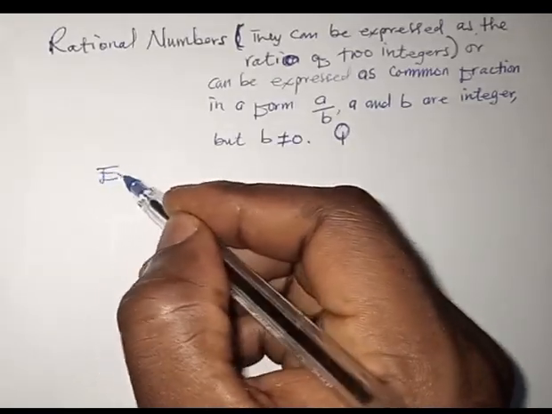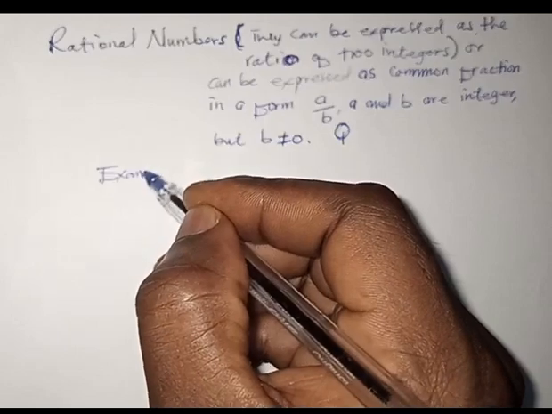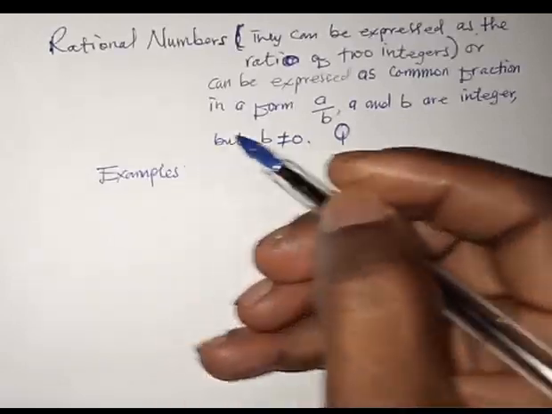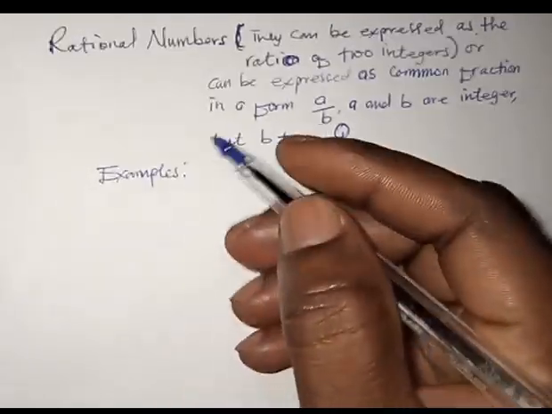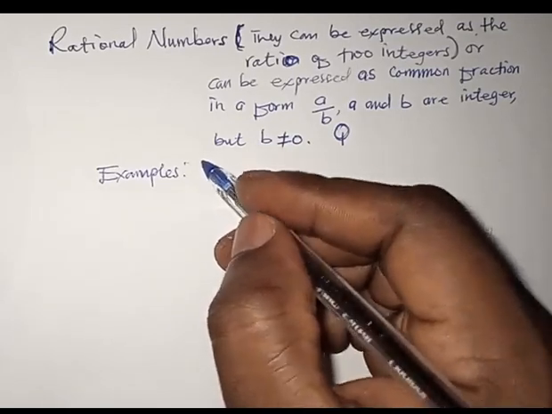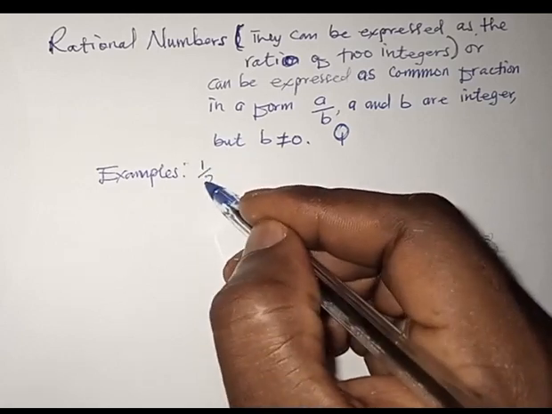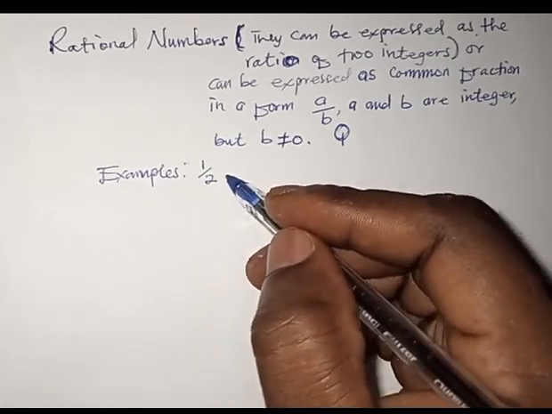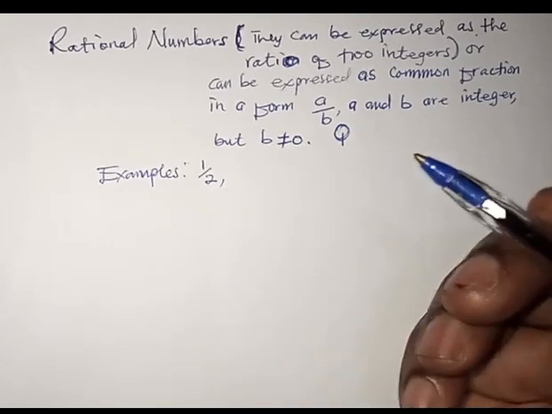So examples. We can write a proper fraction. If I have 1 on 2, this is a proper fraction. It's an example of a rational number.